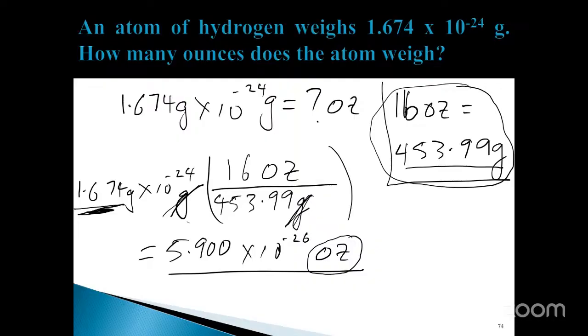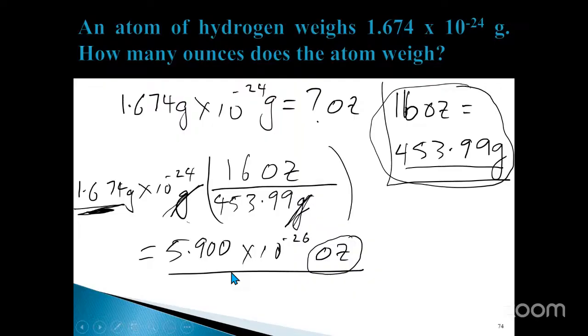And then if I divide that by 453.99, I got 5.896892. But we have to round off to 4 sig figs.